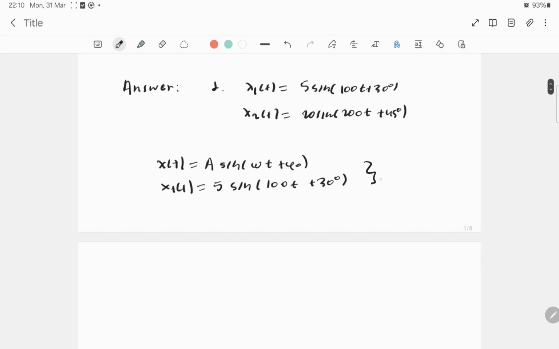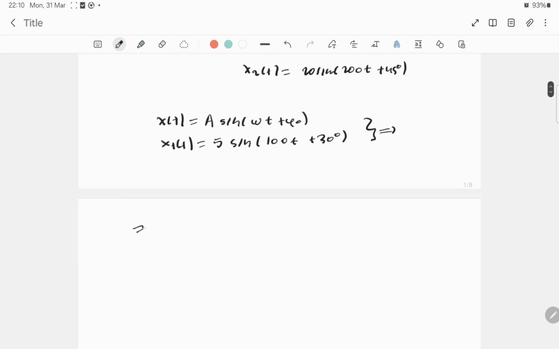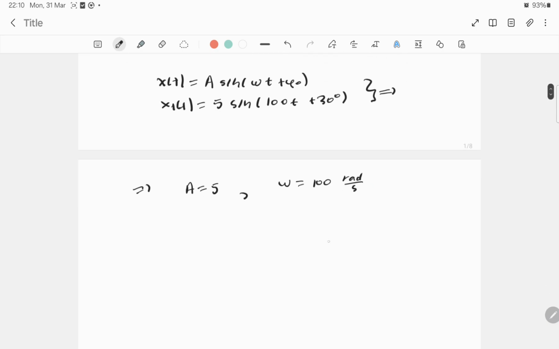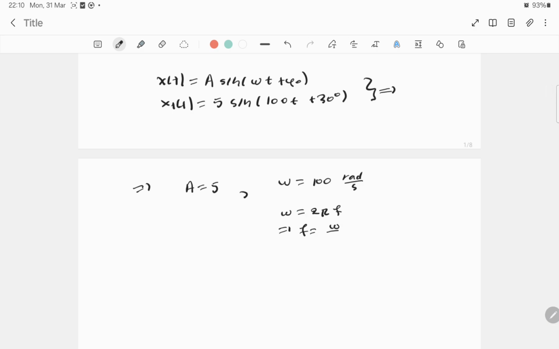So from here we obtain that the amplitude is 5, omega is 100 rad per second. We know that omega equals 2 times pi times f, so f equals omega over 2 pi.